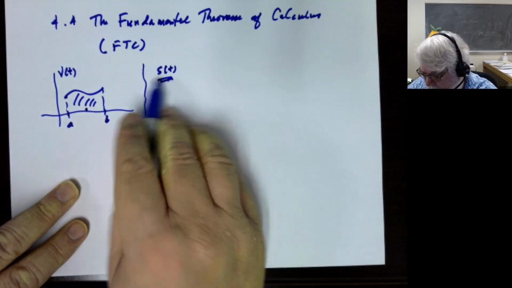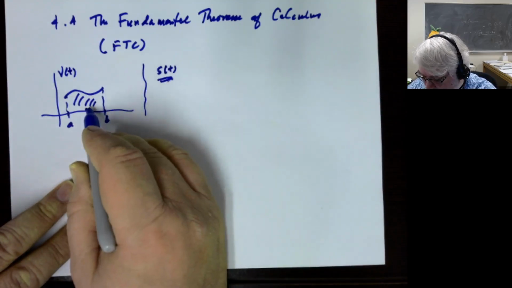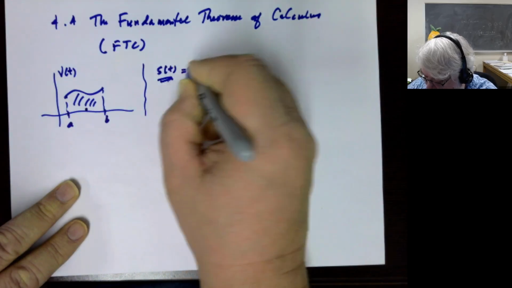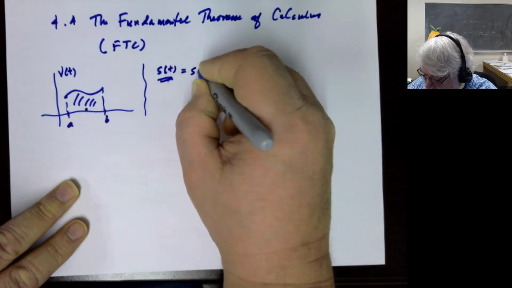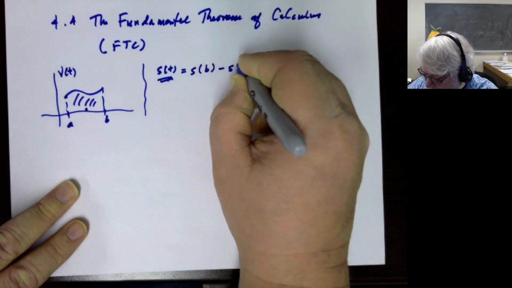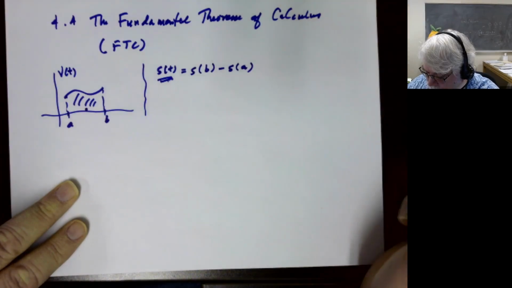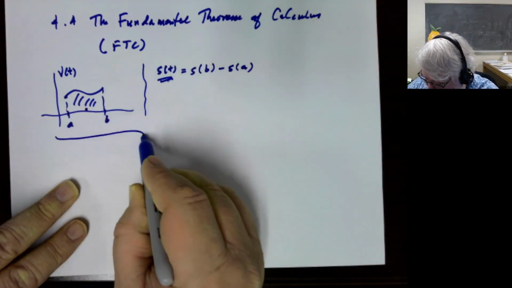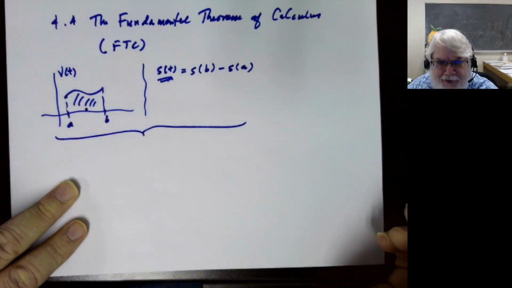And so then for the distance traveled, I could just take the position I am at time B, minus the position I'm at time A.